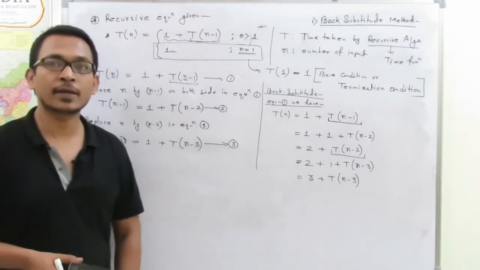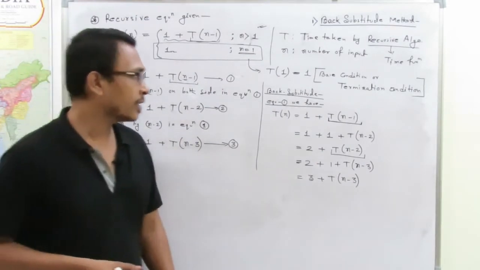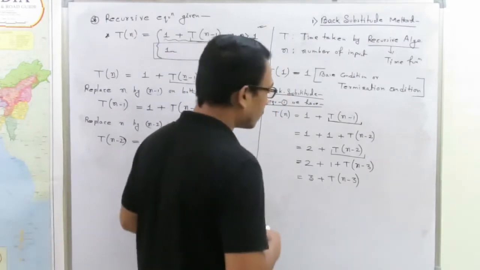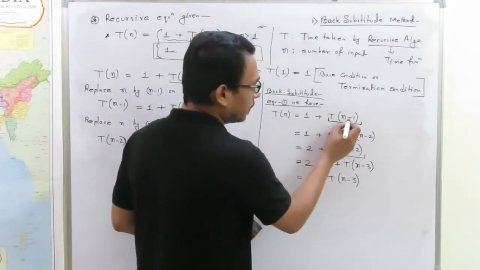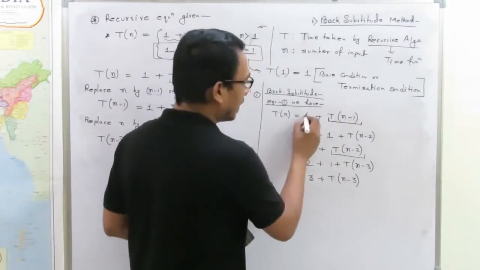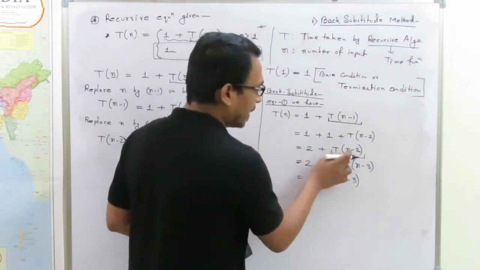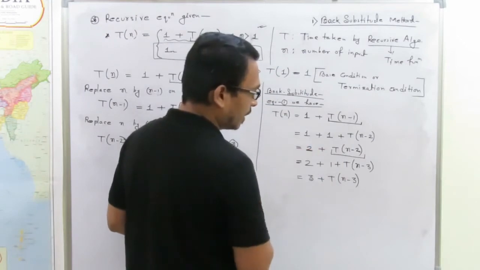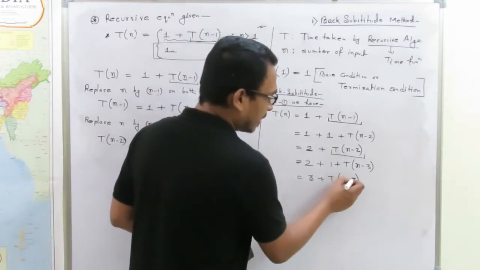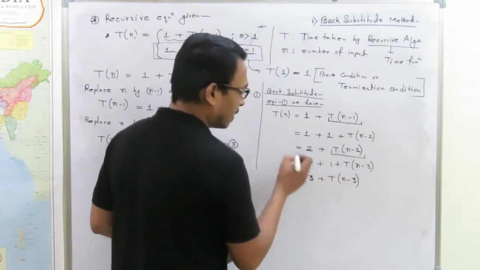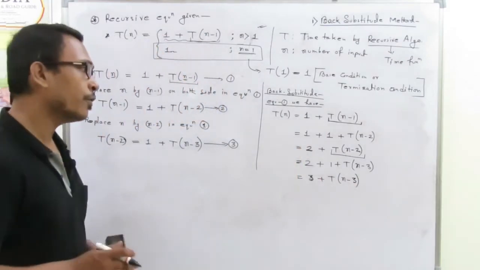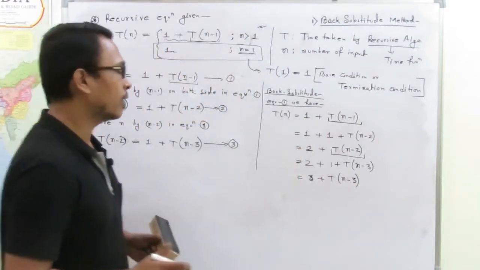What is that pattern? Whenever we minus 1, at that time we get 1 here. Whenever we minus 2 from n, at that time we have 2 here. Whenever we minus 3, at that time we have 3 here. So hope you observe the pattern.